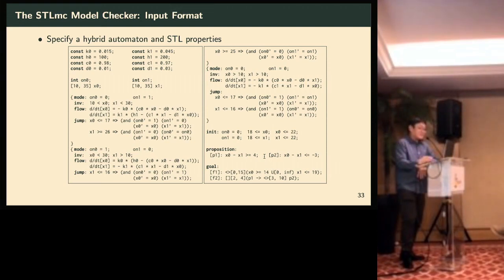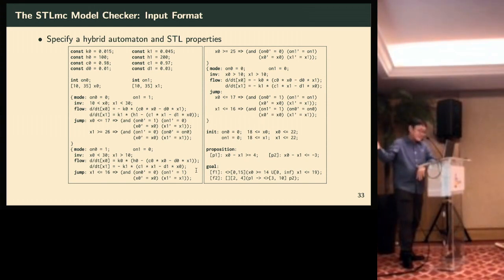And this is a demo of the tool. We can provide a hybrid automaton format as usual, using mode invariant conditions, flow conditions given by ordinary differential equations, or jump conditions. The tool also recently supports other formats like the SpaceEx format and so on.